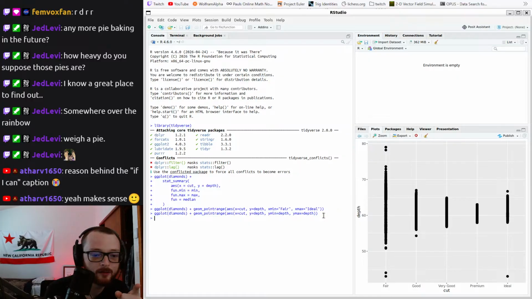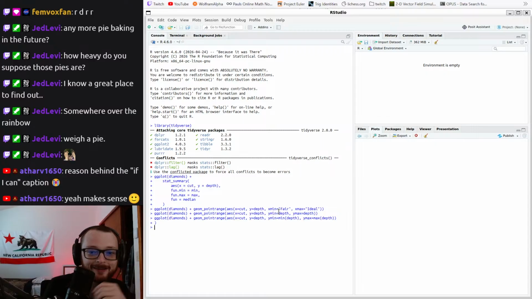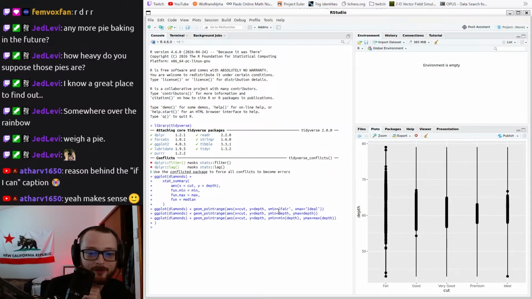Maybe can I just naively say min of depth and max of depth? Let's find out. Let's be naive. Oh my! I hate how most programs do smart parentheses. Okay, that's progress. That's closer to what we want.